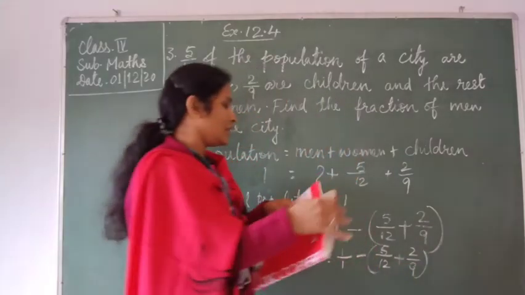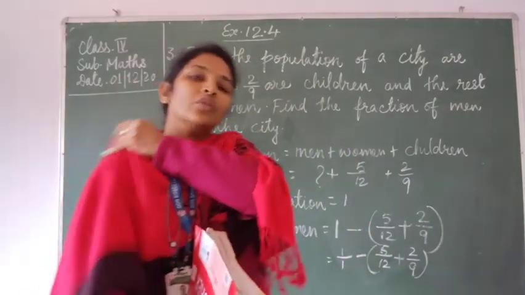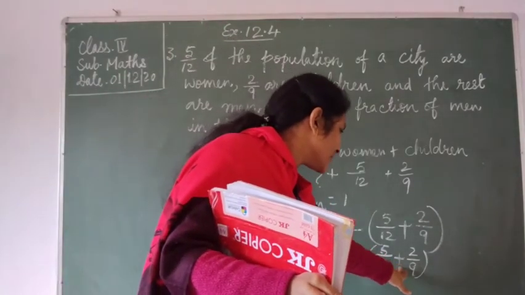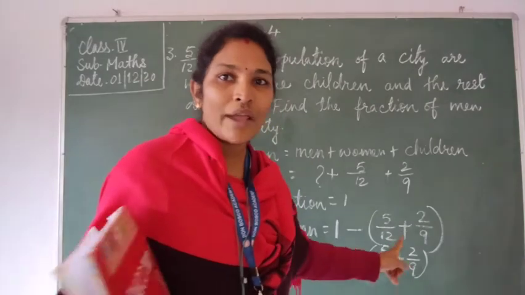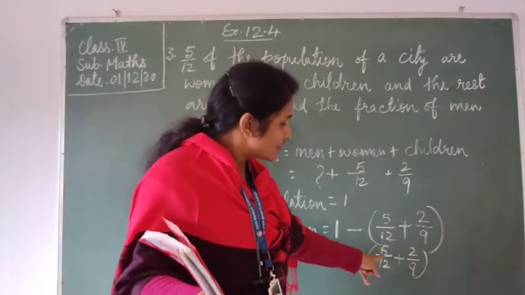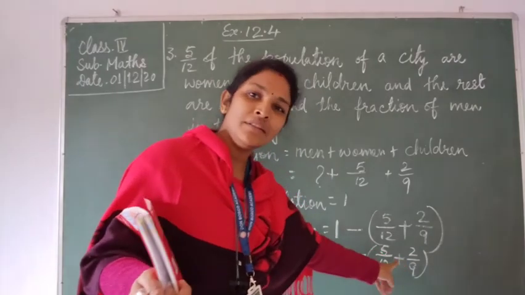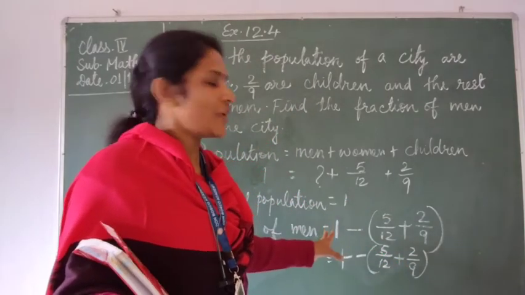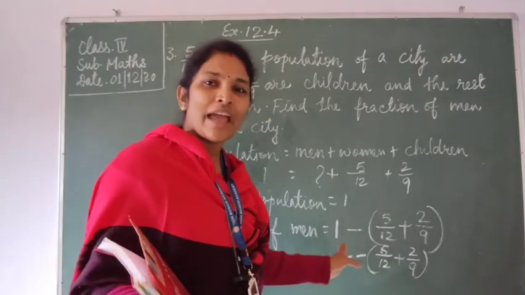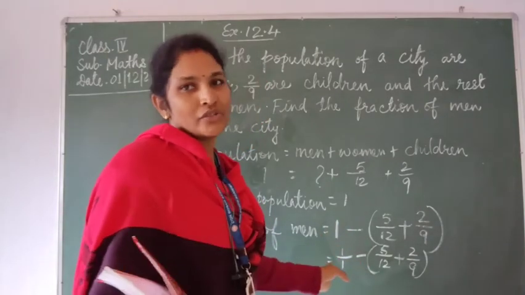Now what to do? Here you can see the process is with addition and subtraction. Why have we written it in the bracket? Because first we have to add them, then that answer should be subtracted from 1. The same thing we have written in one step.